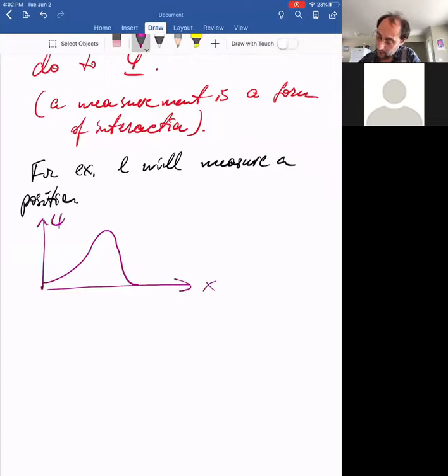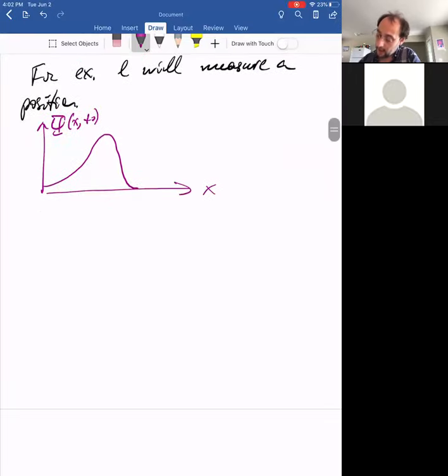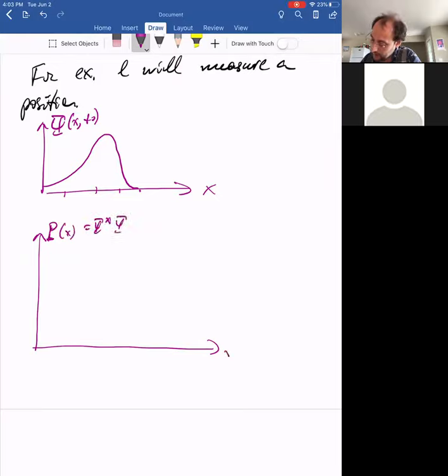Here's the wave function over space at that moment t naught. Well, first, where am I going to find the particle? Well, sometimes I will find it here, sometimes here, sometimes here. Okay, very rarely I will find it here. And the probability distribution of where I will find it is given by psi star psi. This is the probability distribution in x, psi star psi.